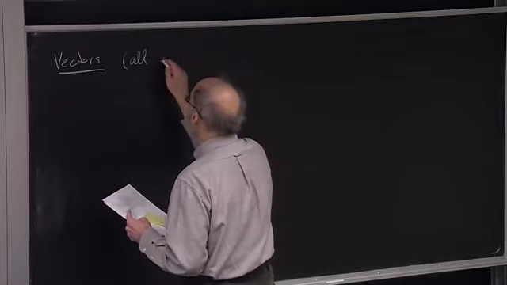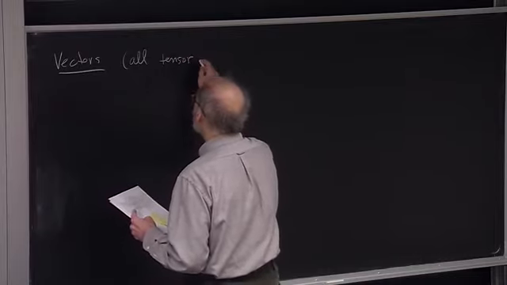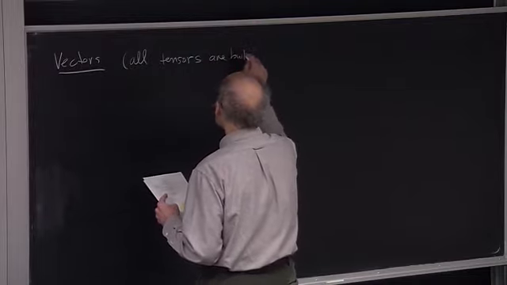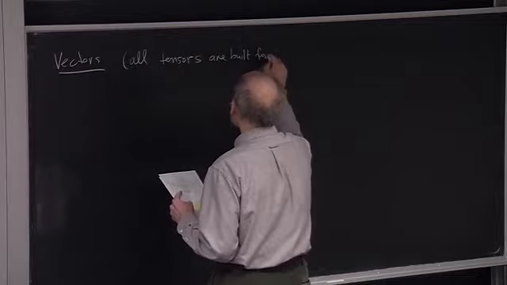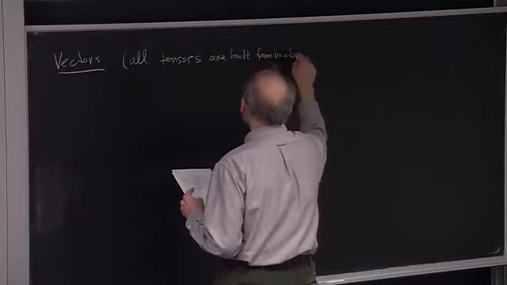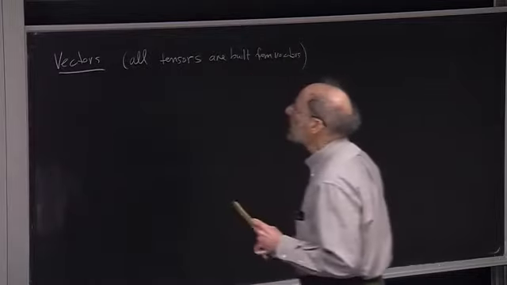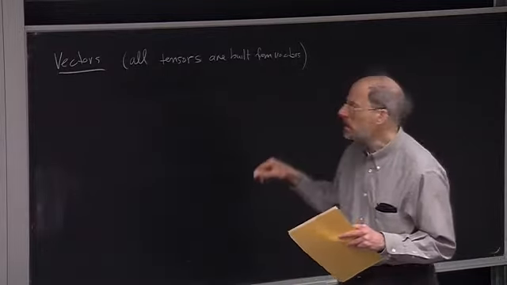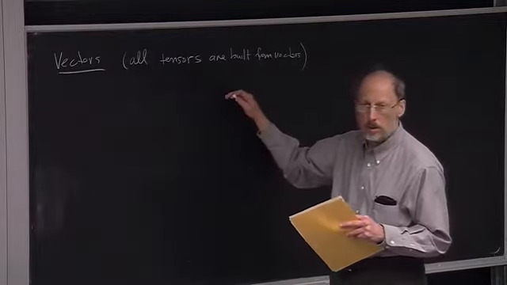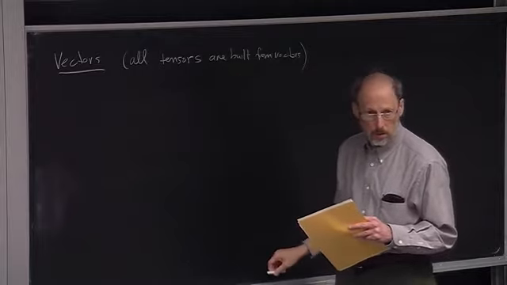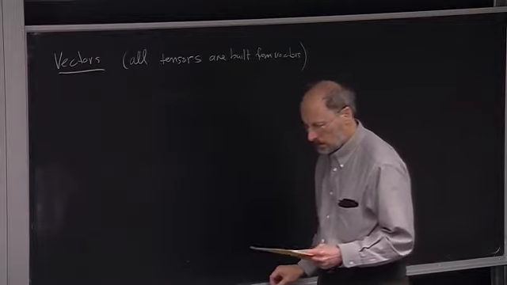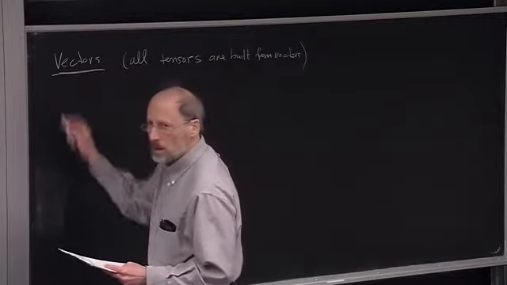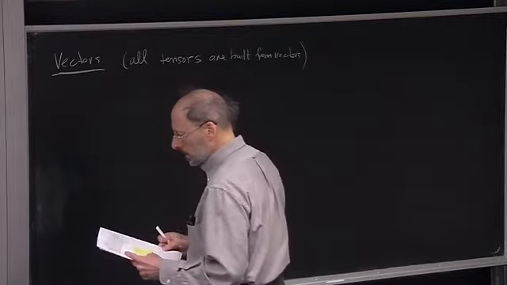In particular, all tensors are built from vectors. And almost everything that you deal with in relativity is a tensor of one sort or another. So in this way, the notion of vector is right at the center of things, at the basis of things.